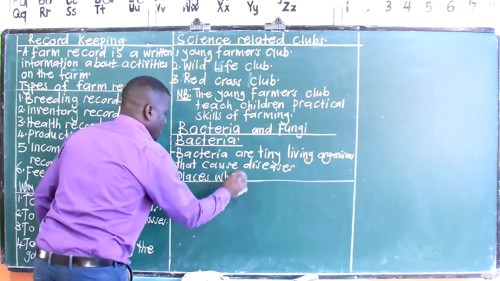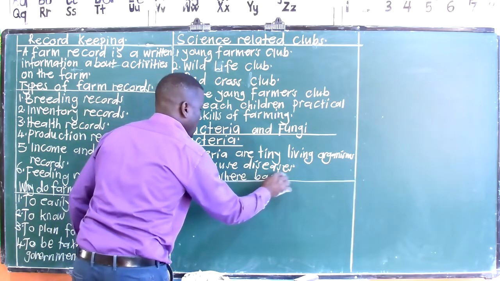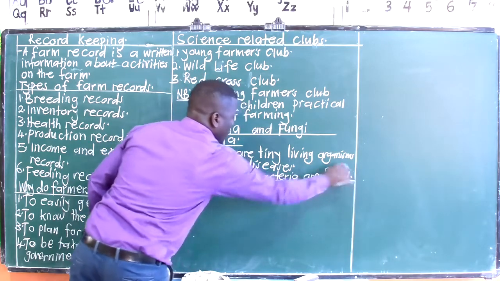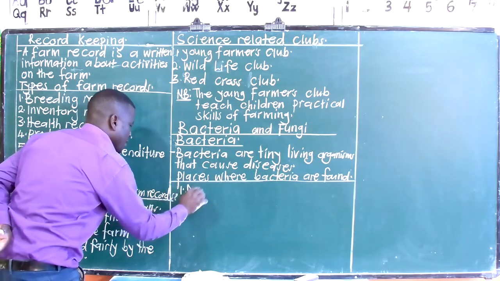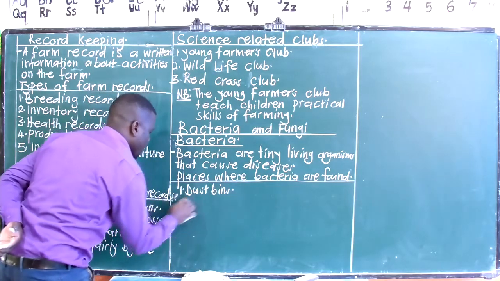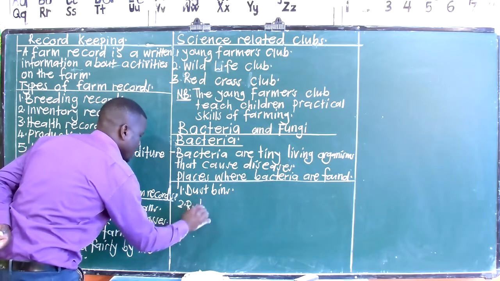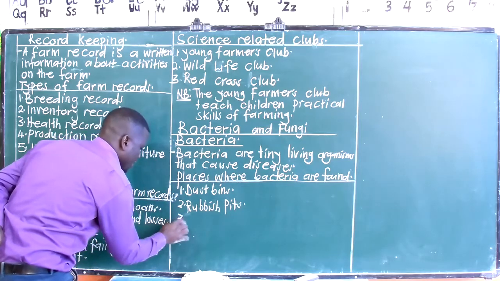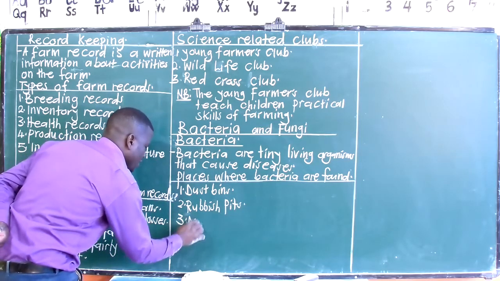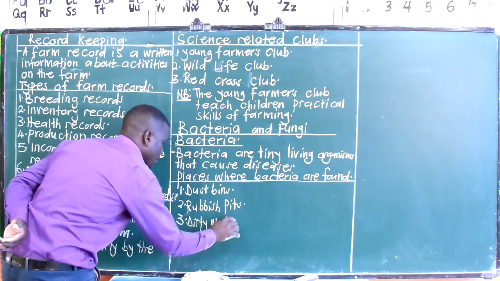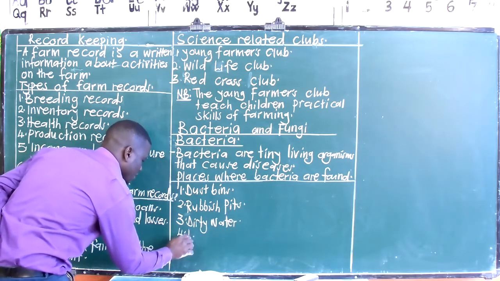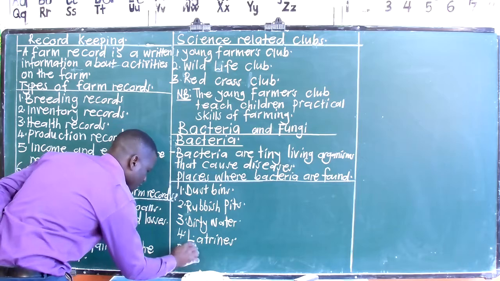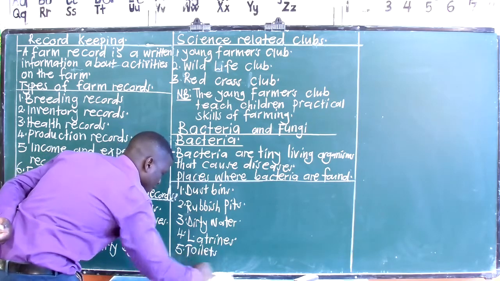Places where bacteria are mostly found. You can find bacteria in dustbins, rubbish pits, dirty water, latrines, toilets, dead bodies.